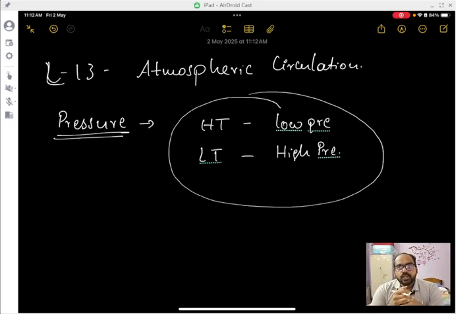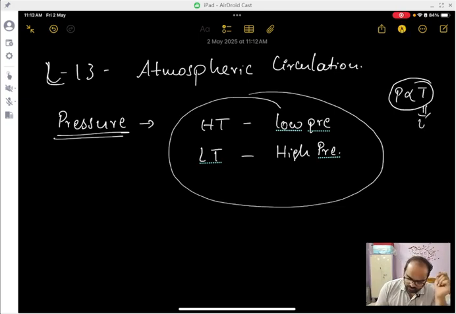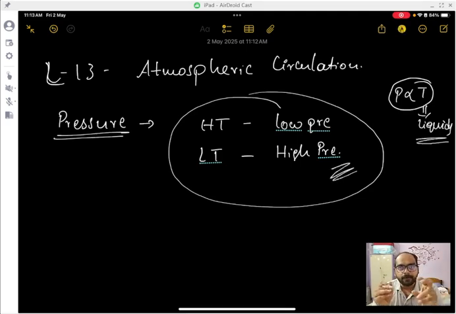According to Boyle's law or Gay-Lussac's law, pressures are directly proportional to temperature. These are for liquids, but here we are talking about gases, and that too in a particular scenario that is called climate.